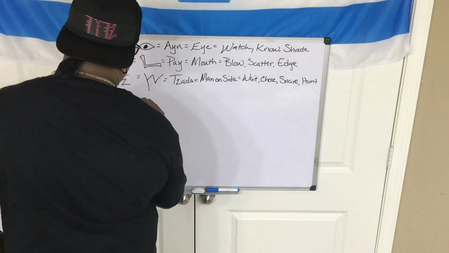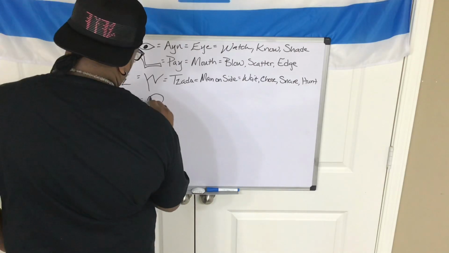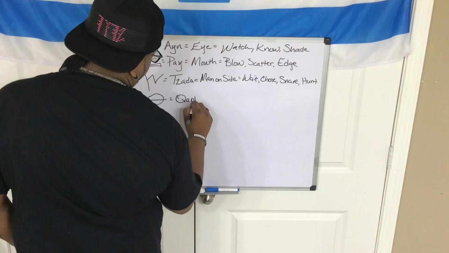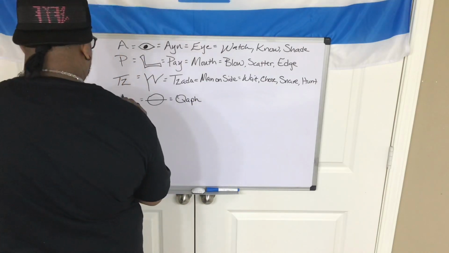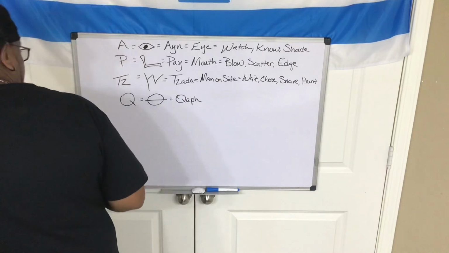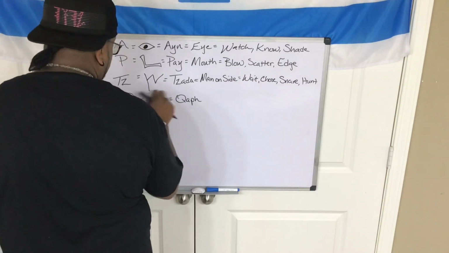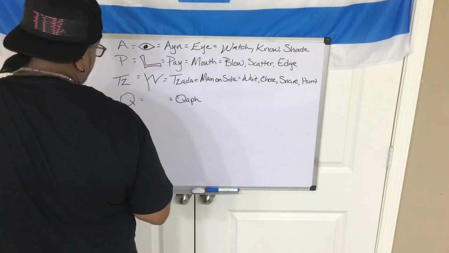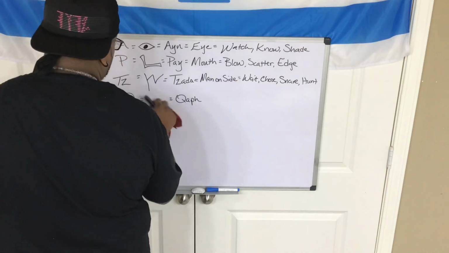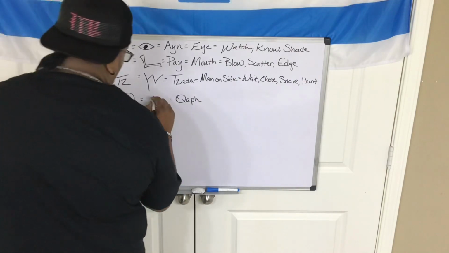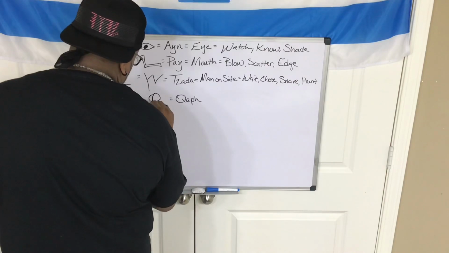The next one we're going to do, Qof. It represents a Q. And you can also see it like this. So for understanding, I want to give you both of them, because sometimes you'll see it like that. But when I teach it, it's going to look like this.